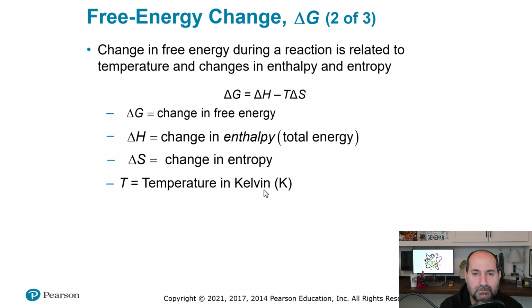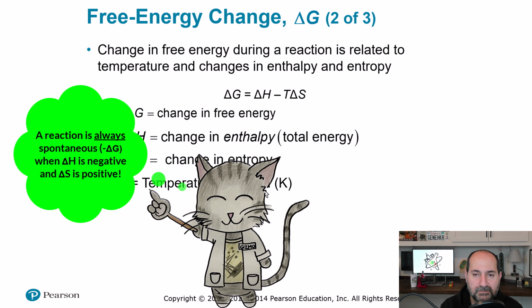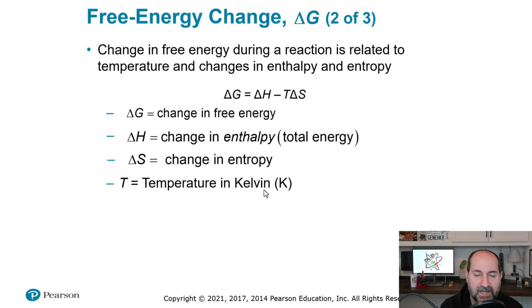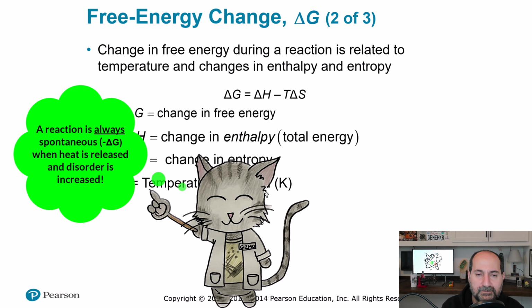But in chapter 8, we discussed how a reaction is always spontaneous, or has a negative delta G, when the delta H is negative and the delta S is positive. Another way of saying the same thing is that a reaction is always exergonic or spontaneous when the reaction releases heat and increases disorder.